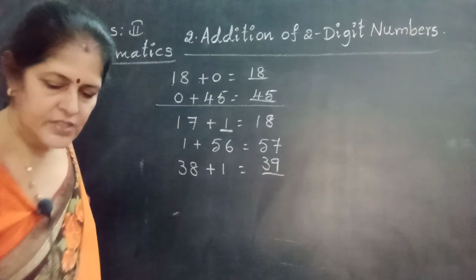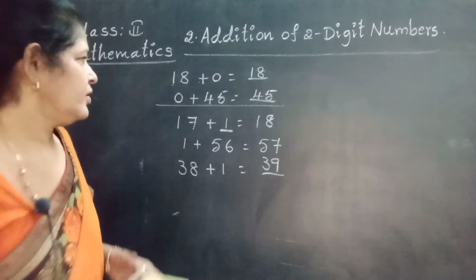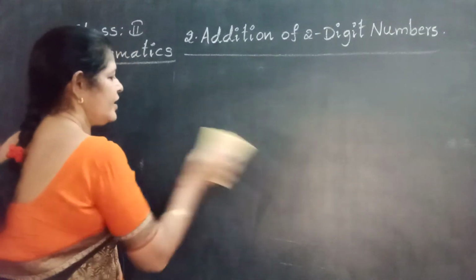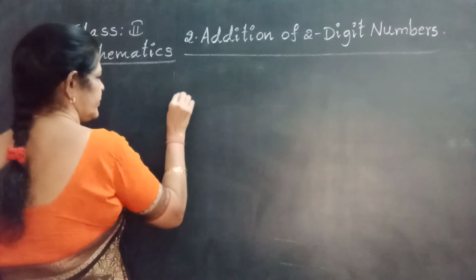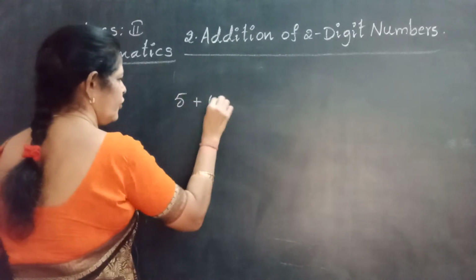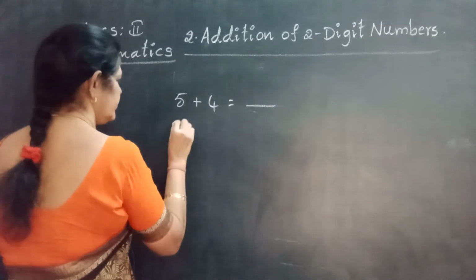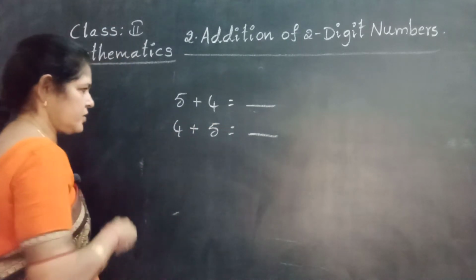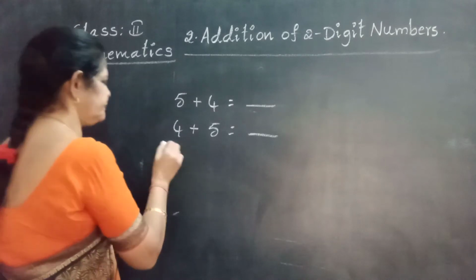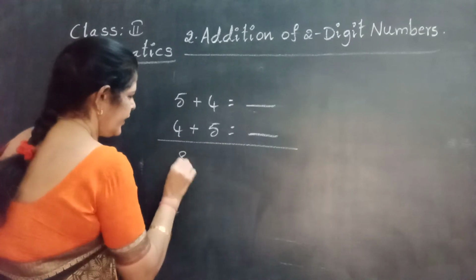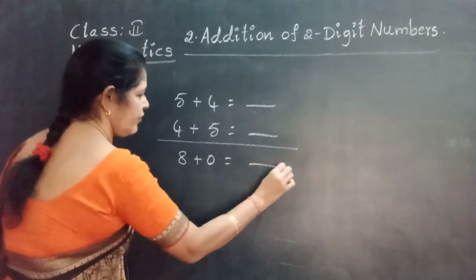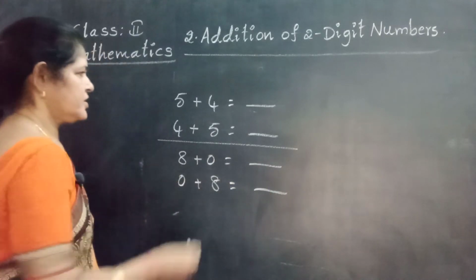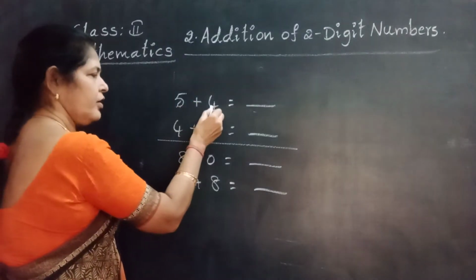Okay. Next one, when we add 2 or more numbers in any order, the total does not change. 5 plus 4 equal to dash. 4 plus 5 equal to dash. 8 plus 0 equal to dash. 0 plus 8 equal to dash. See, 5 plus 4, 9.